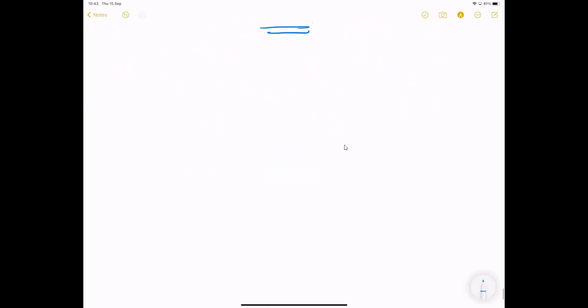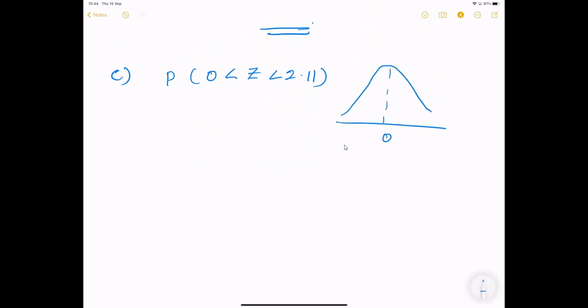So the C part, 0 is here and 2.11 is there, as we discussed earlier. 2.11 means this one. This is the area we want to find.